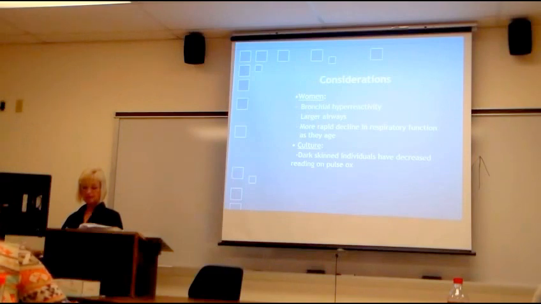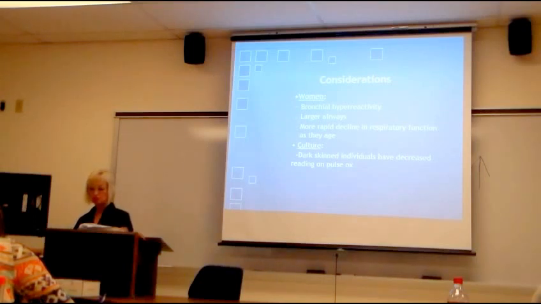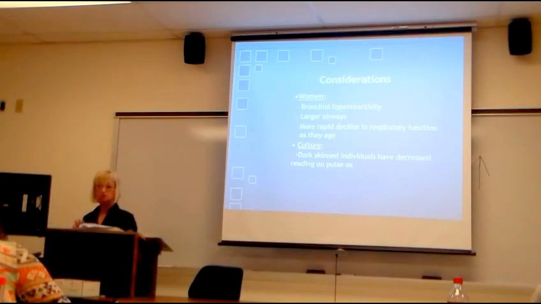Dark-skinned people have a false lower O2 sat by 3 to 5% on pulse ox due to the deeper discoloration of the nail beds. So does anybody have any idea where else we could take the pulse ox besides the nails? Earlobe. I read the forehead, but I don't know how that would work really.